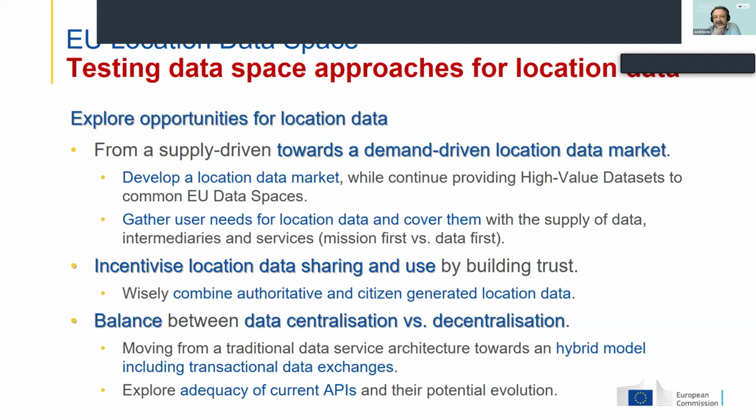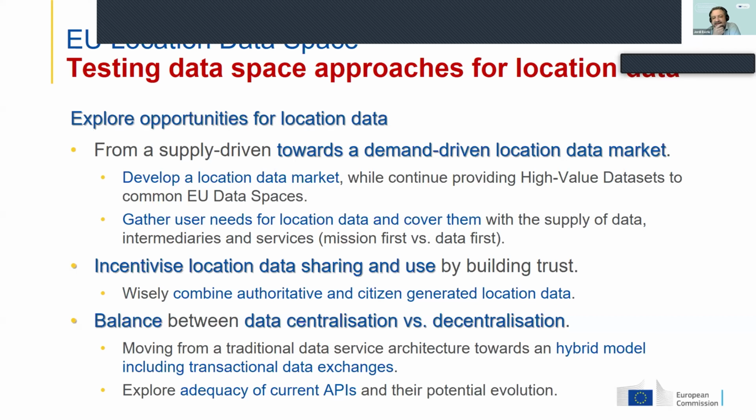The High-Value Datasets Implementing Act puts the requirement to provide data through APIs, but obviously the technical means to share the data are evolving.